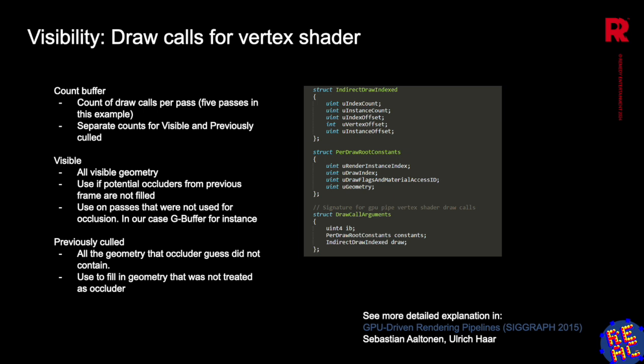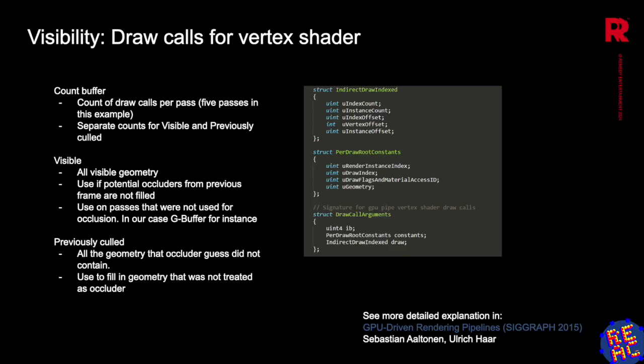For the vertex shader based drawing, we need 3 buffers. Count buffer is the simplest one and will just contain the amount of draws in each bucket. Visible buffer contains draw calls for all the clusters that are visible, and it's used on passes that need to be filled from scratch.